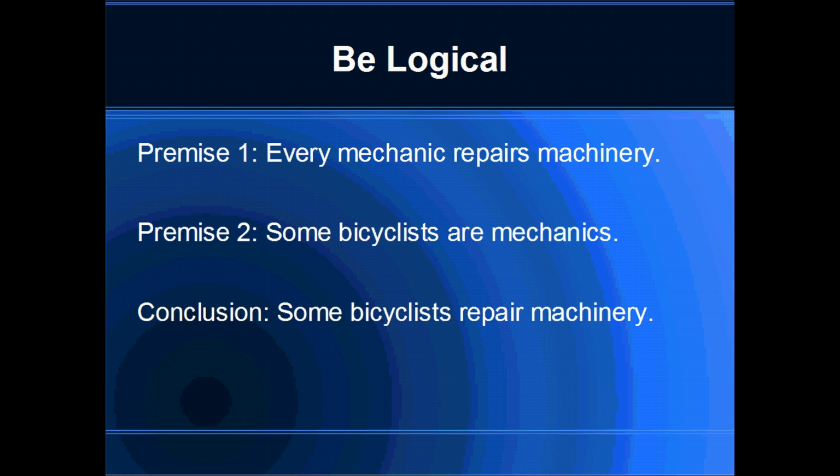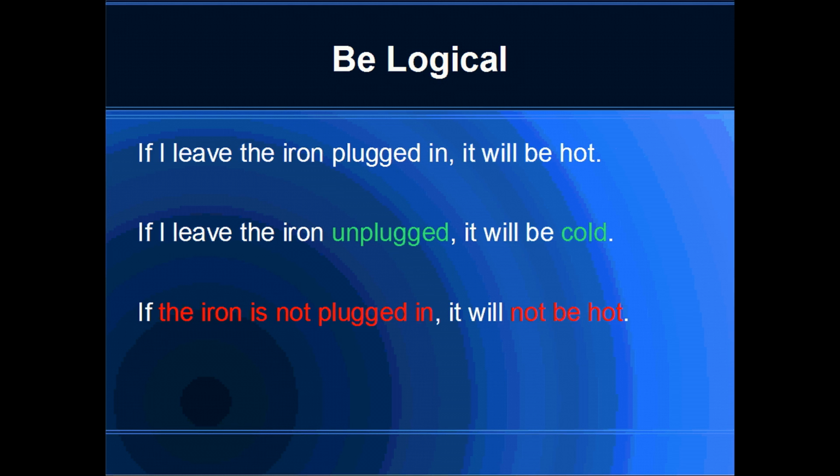Now moving on to conditional propositions. Let's say the conditional proposition we have is, if I leave the iron plugged in, it will be hot. Just to clarify, if I leave the iron plugged in is the antecedent, or the cause, and it will be hot is the consequent, or the effect.